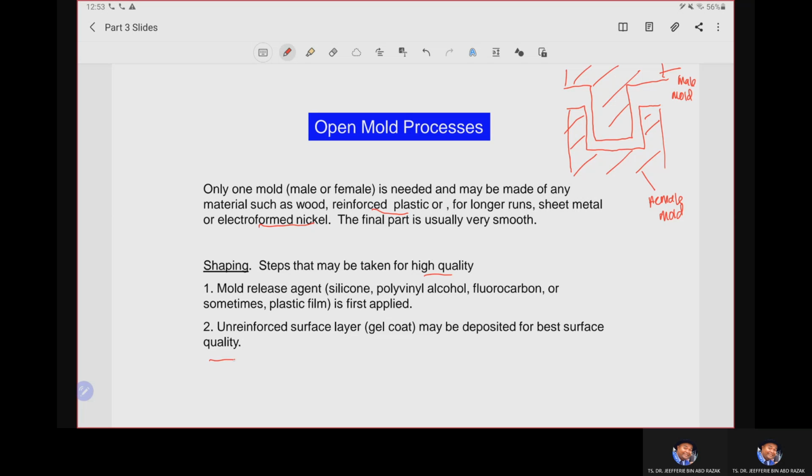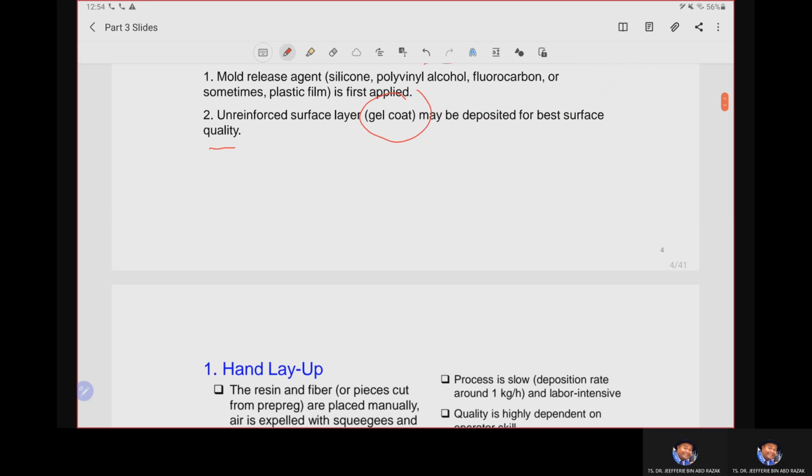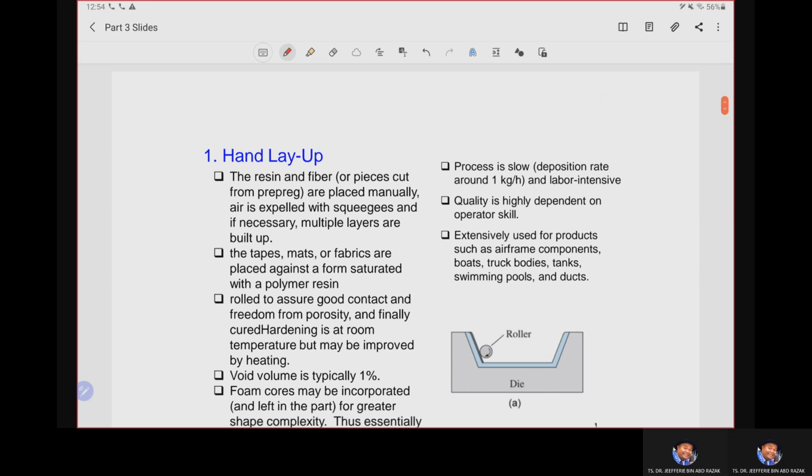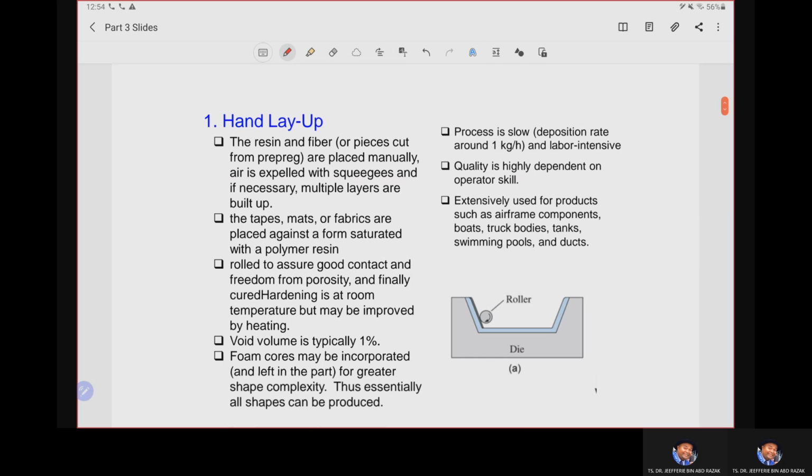First, apply the mold release, and then second, we apply the unreinforced surface layer. We call it a gel coat. So we proceed to the first open mold method.